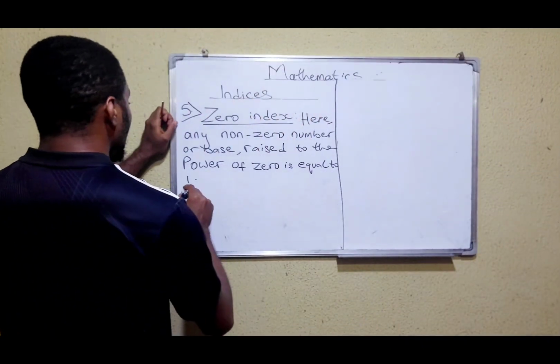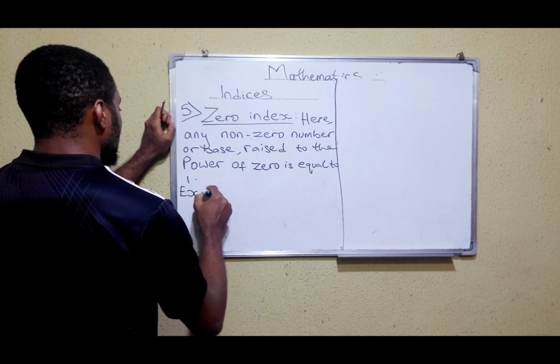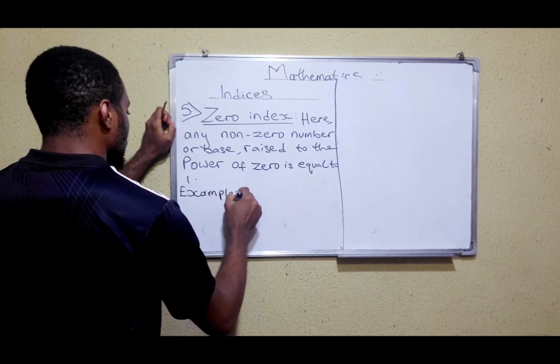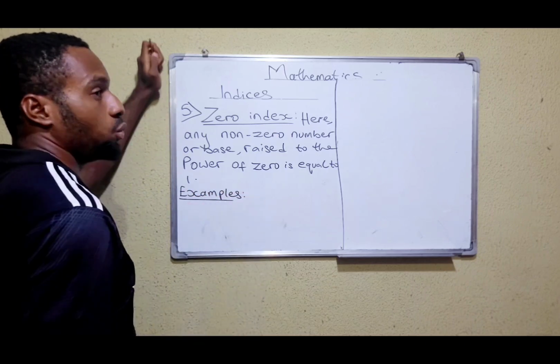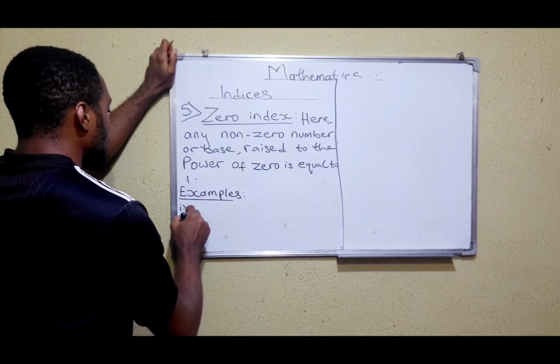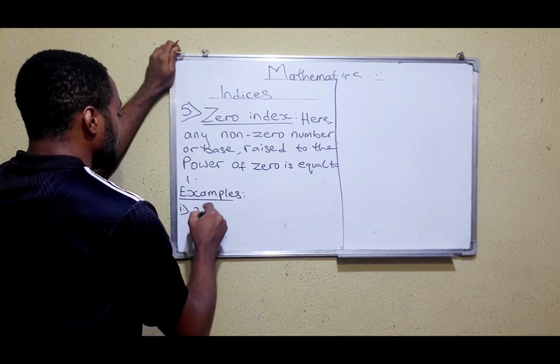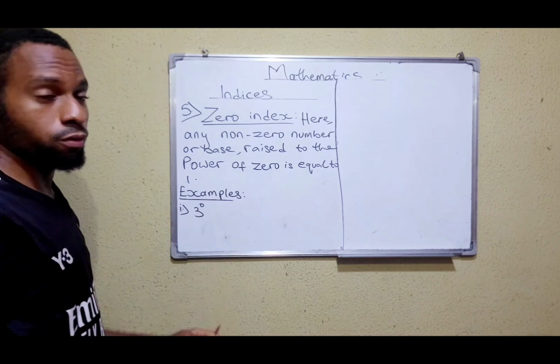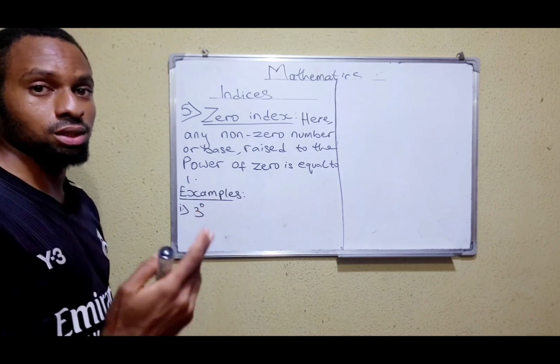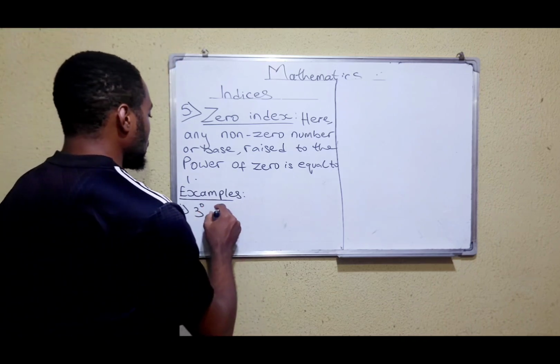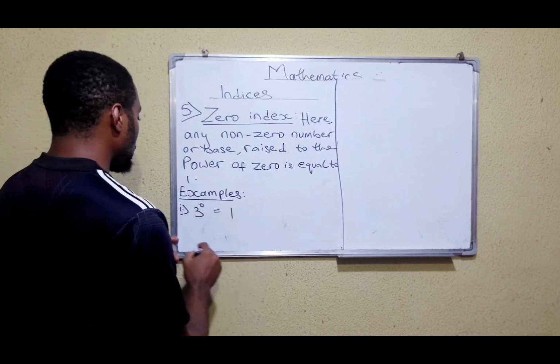Let's look at examples. Example I, we have 3 raised to the power 0. So far this number has 0 as its power or exponent. It is going to be equal to 1.